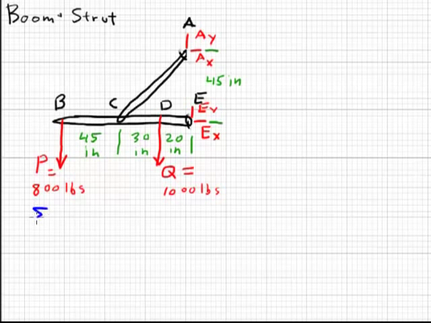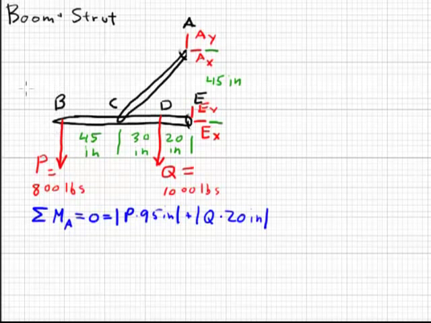So we take the summation of the moments about point A. They must equal 0. And let's see what we have. We're going to have P times 20 plus 30 plus 45, which is 95 inches, plus Q times 20 inches.